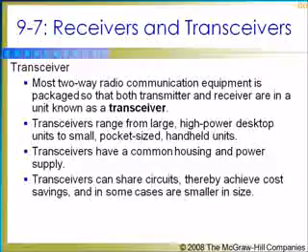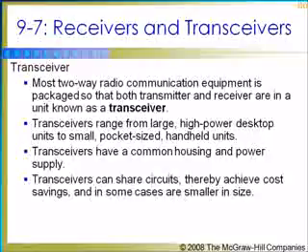The last is the transceiver. Most two-way radio communication equipment is packaged so that both transmitter and receiver are in one unit, also known as a transceiver. These transceivers range from large, high-power desktop units to small, pocket-sized handheld units.